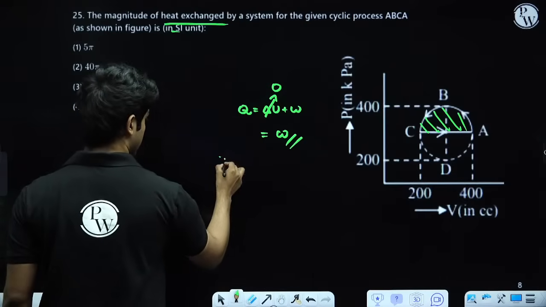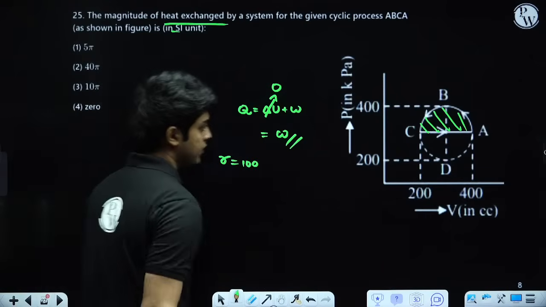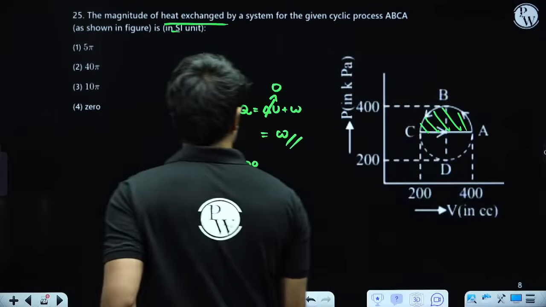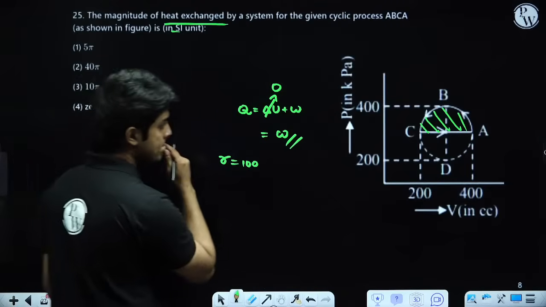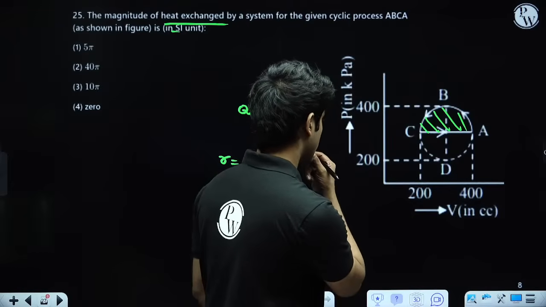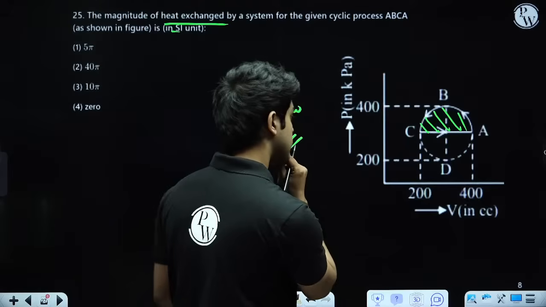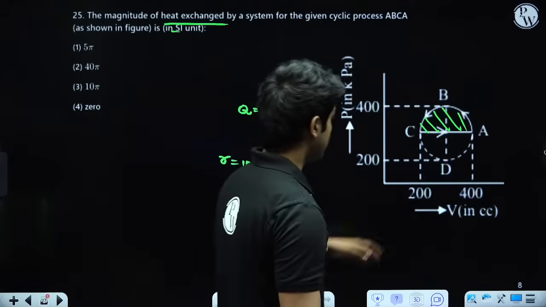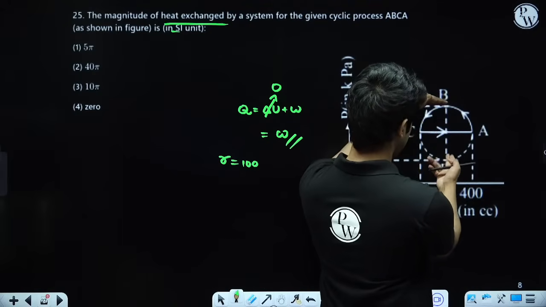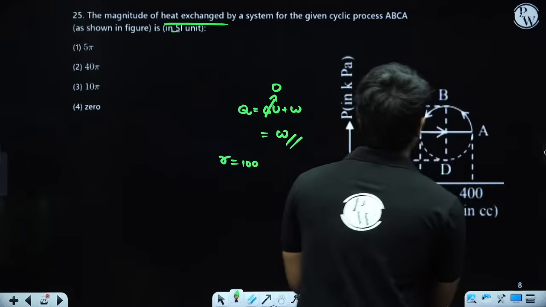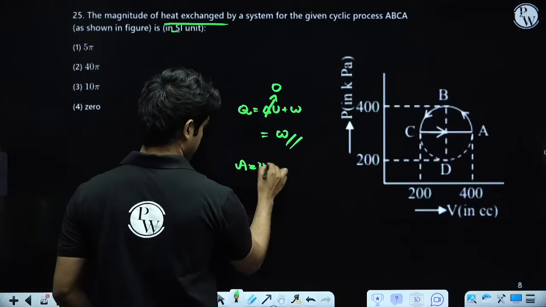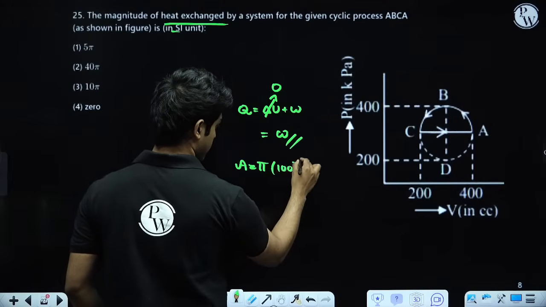Yes, radius is 100 units. The radius of this circle is, so this is 400, this is 200, so this would be 100. So pi r square by 2. So the area is pi times 100 square divided by 2.